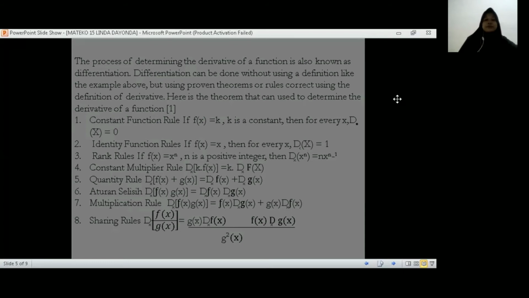Number 7, multiplication rule. d/dx of f(x) g(x) = f(x) d/dx g(x) + g(x) d/dx f(x). Number 8, division rule. d/dx of f(x)/g(x) = (g(x) d/dx f(x) - f(x) d/dx g(x)) / g(x)^2.